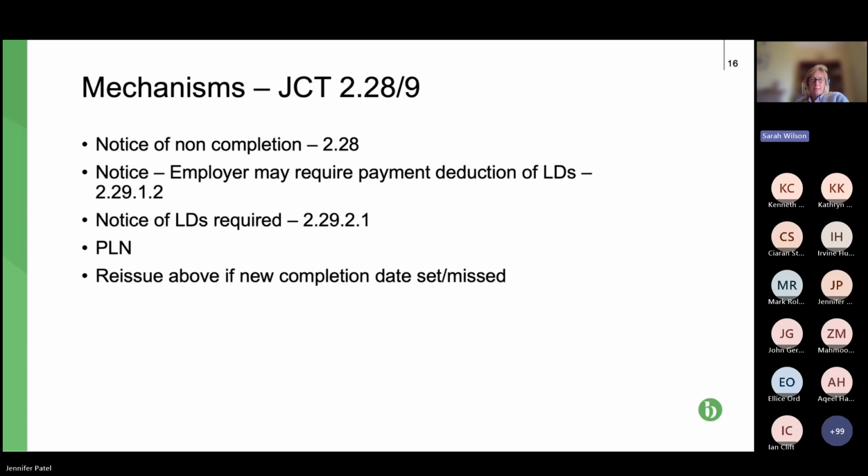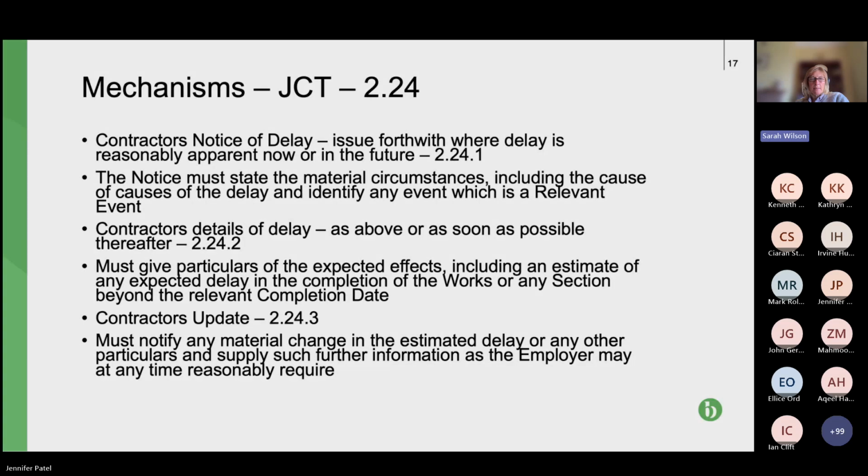So if we can move on to the next slide, please. These are the mechanisms for a contractor applying for an extension of time. The first bullet point is 2.24.1, the contractor has to issue a notice of delay.